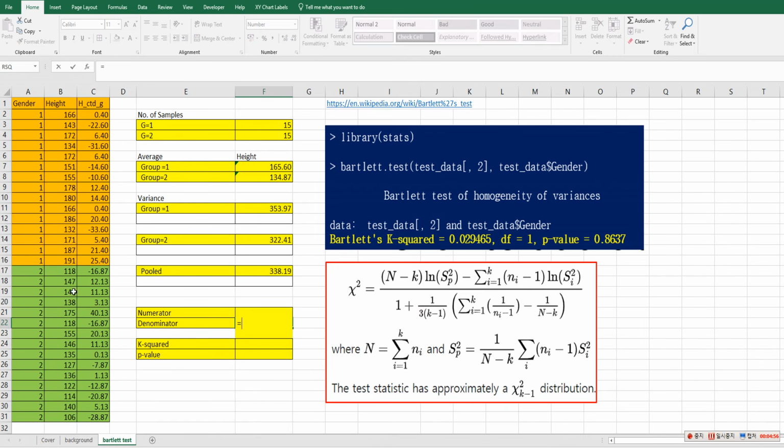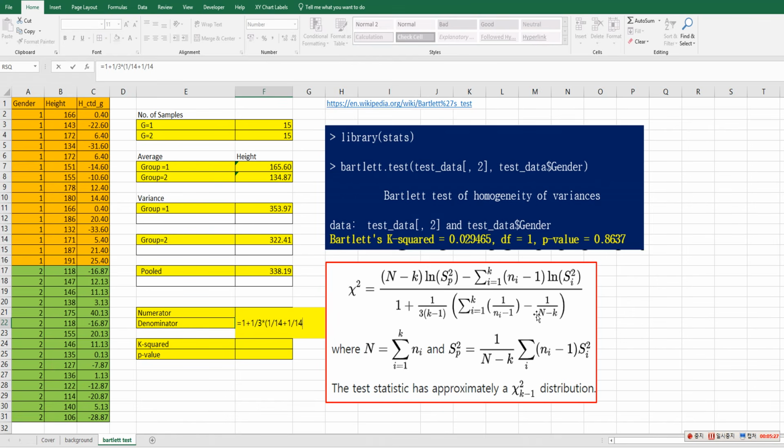So there are two groups, 1 plus 1 over 3 times 2 minus 1, so means 3 times 1. So again, 3. And this part multiplied by 1 over 15 minus 1, 14, plus second group 1 over 14.